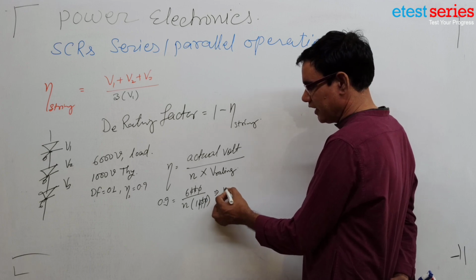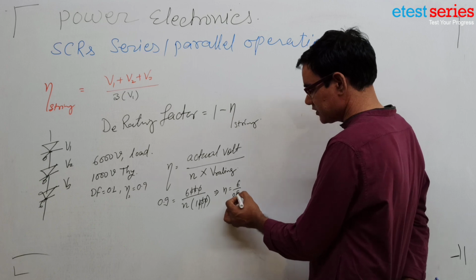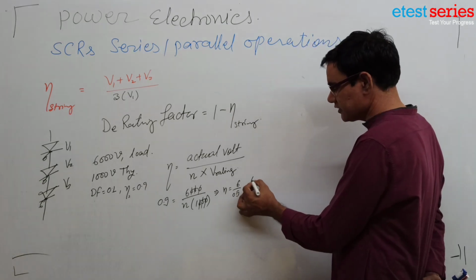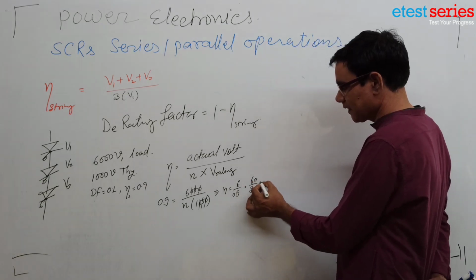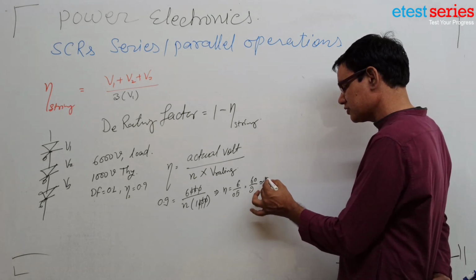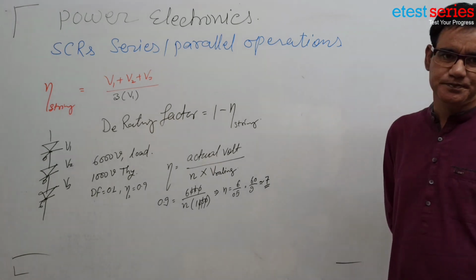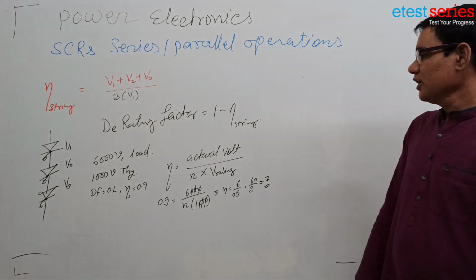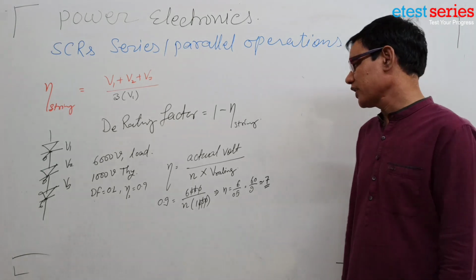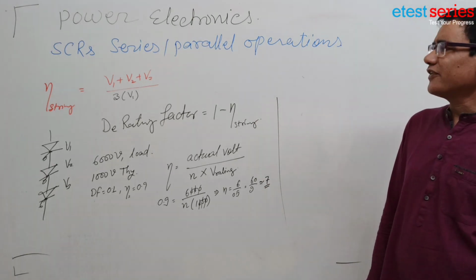Here n is equal to 6 divided by 0.9, that is 60 by 9. So approximately 7 SCRs are required to connect in series. This is the way we can find it.